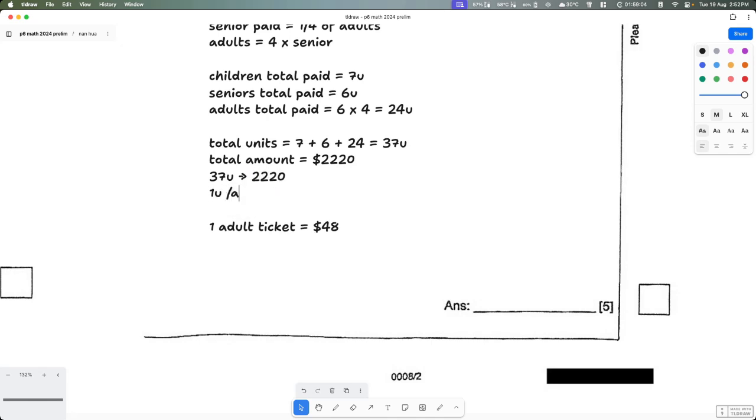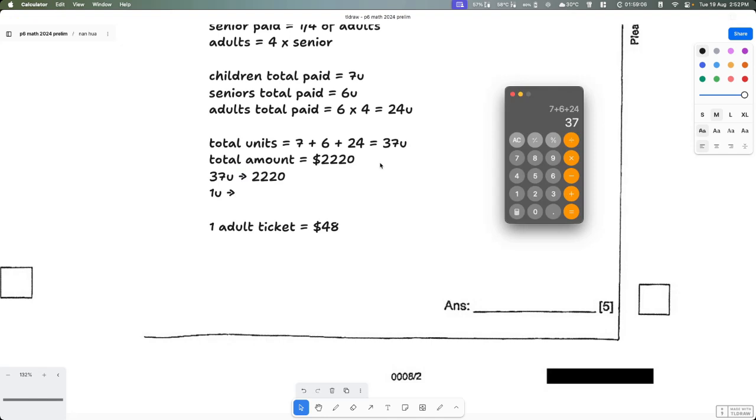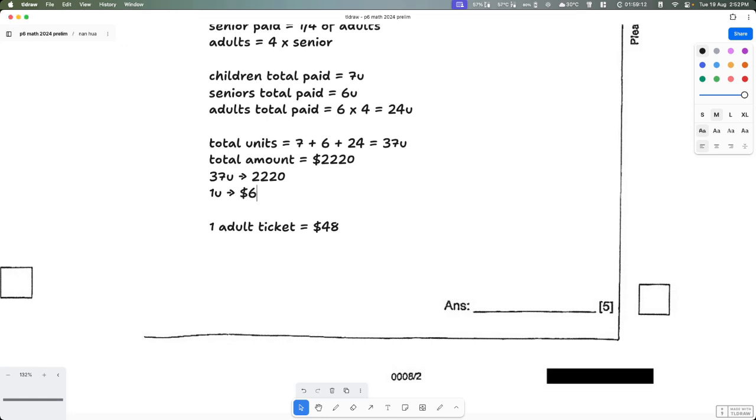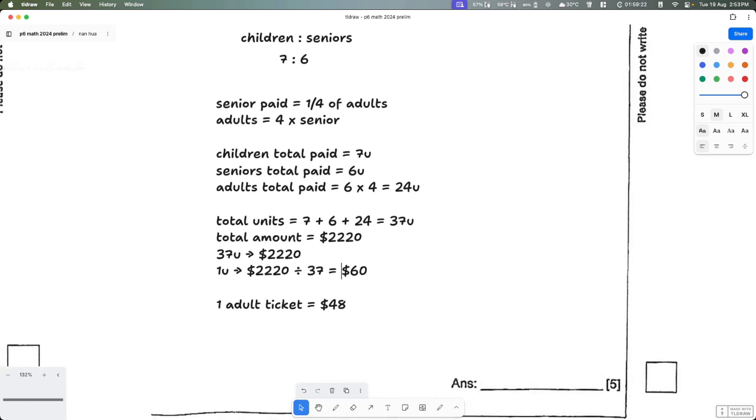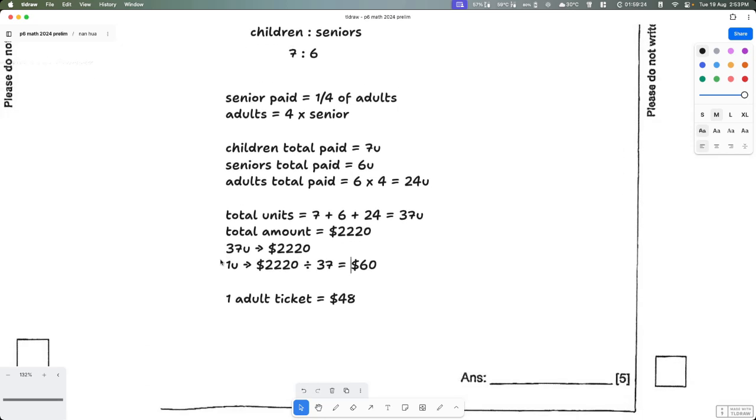1 unit is equal to, so let's see what it is equal to. 2220 divided by 37. This will be $60. So we know that 1 unit is $60, and we also know 1 adult ticket.